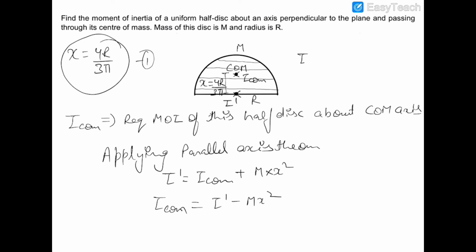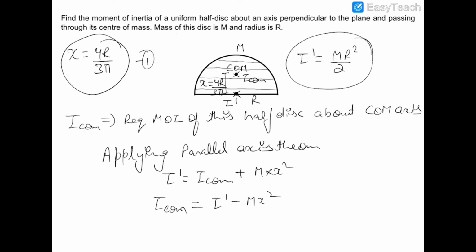Now the value of I dash is mr square by 2, because we know that by the mass distribution property, if we place a similar half disk in the lower half part, then they would combinedly form a bigger disk, and the moment of inertia of this bigger disk about this center would be mr square by 2. So for each half part, the formula of MOI about the same axis would remain the same.